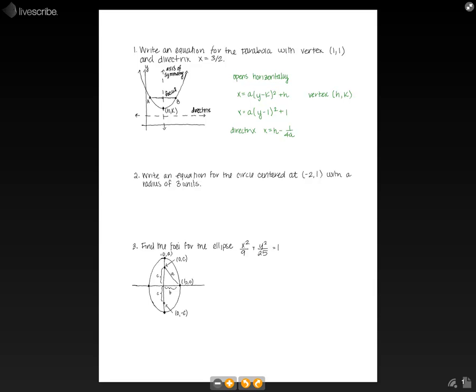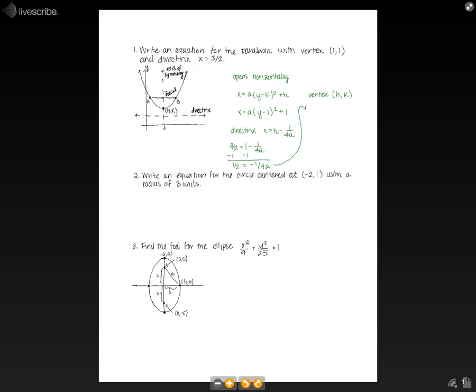We know that x equals 3/2 because that's given to us in the problem. So now we have 3/2 equals 1 minus 1 over 4a, since we know that h is also 1. The first step is to subtract 1 from both sides, and that gives us 1/2 equals negative 1 over 4a.